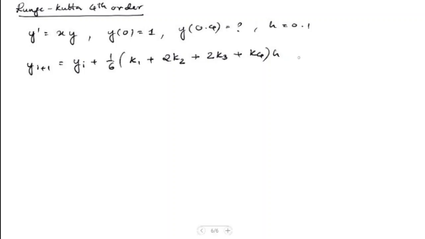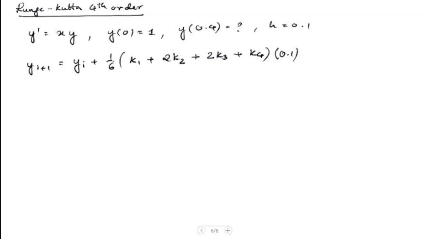And what we can do is replace the value h here by 0.1. So that will give us the equation that we need to solve here.